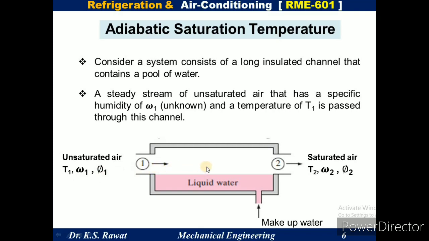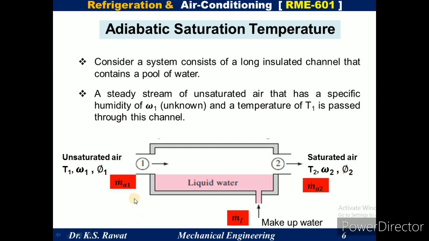When air passes through this system, some water from the pool evaporates and the moisture content increases. So at the exit we have saturated air, at temperature T2, and the specific humidity of this air is omega 2, which is omega s, and relative humidity phi 2, which must be equal to 100%.